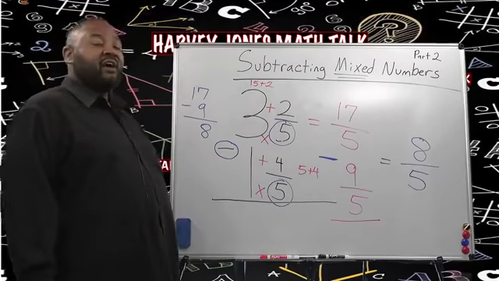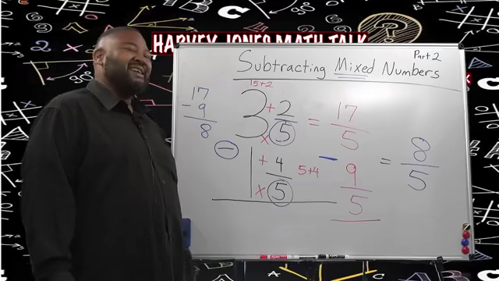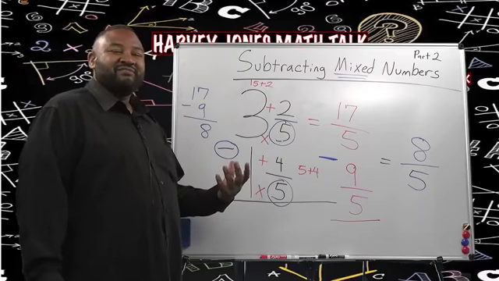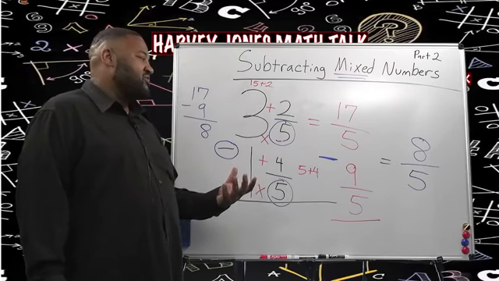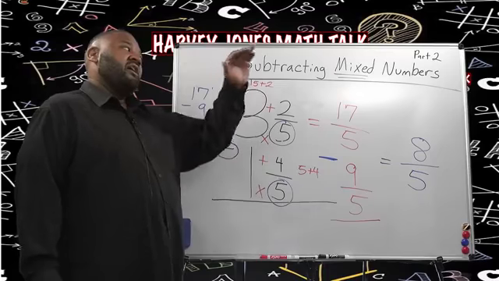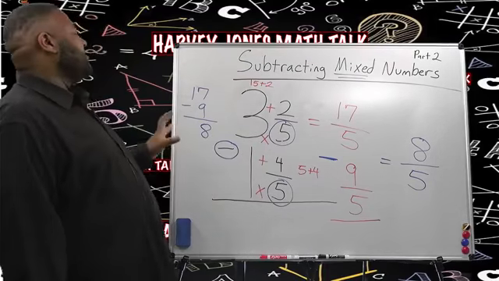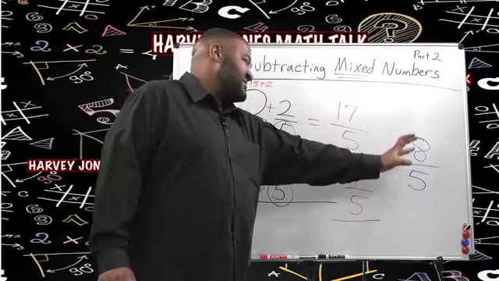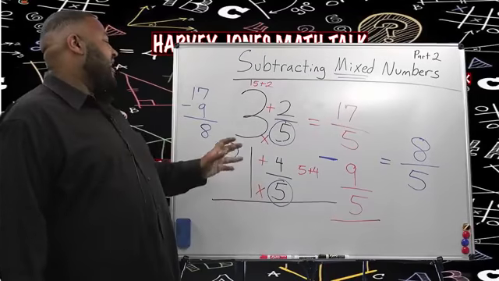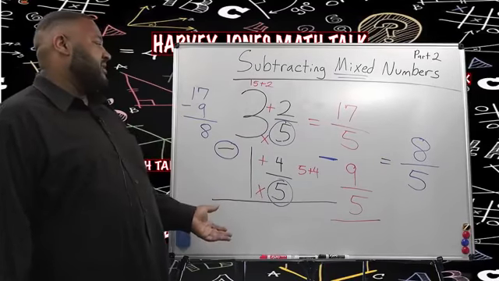So for right now, we're going to leave it as an improper fraction. Later on in this show, I'm going to show you how to go from an improper fraction to a mixed number. But right now, our goal is to take step 1 and get our answer when we subtract. Okay?